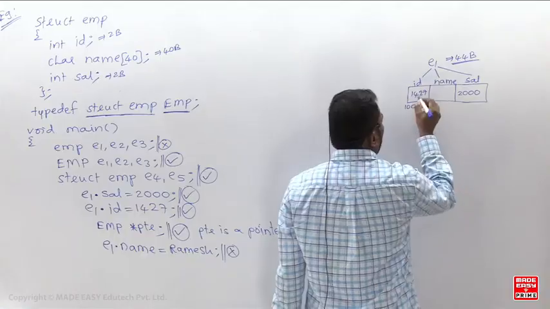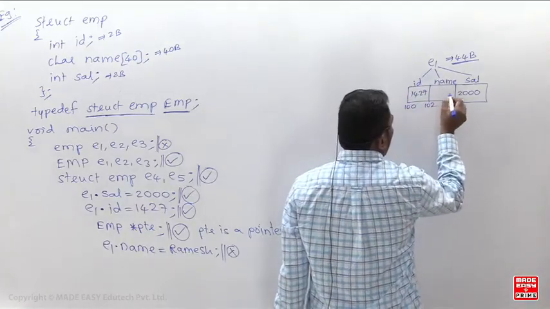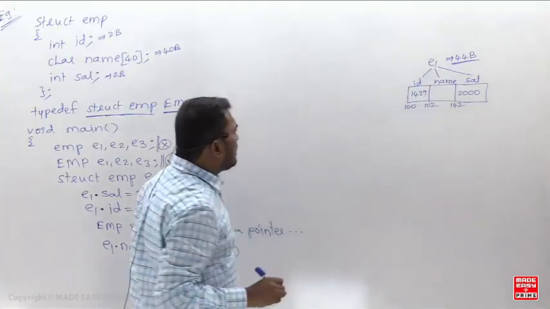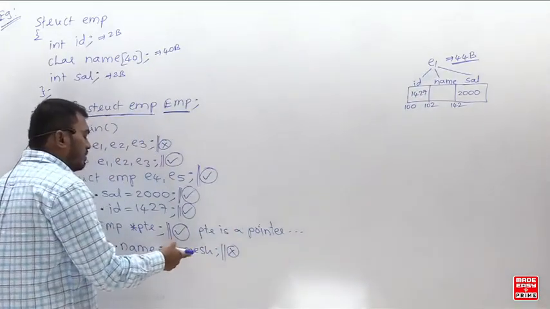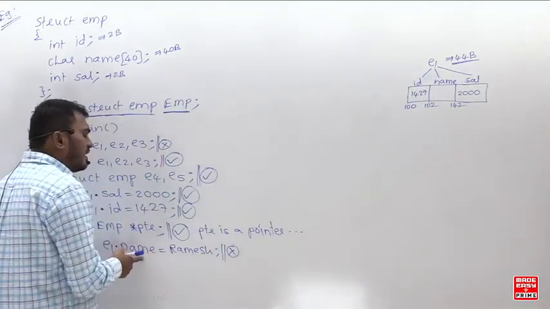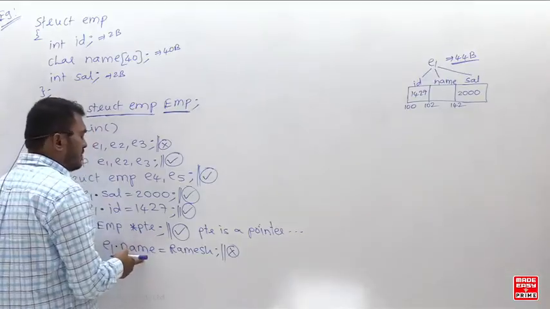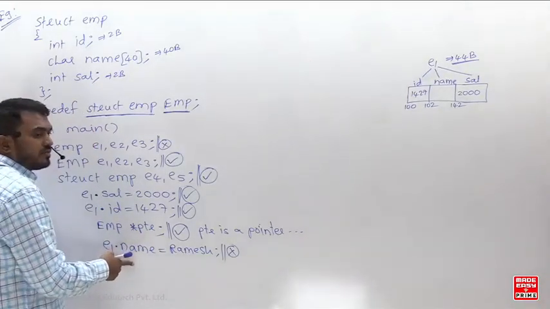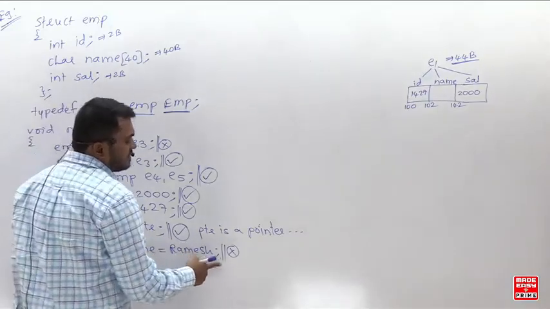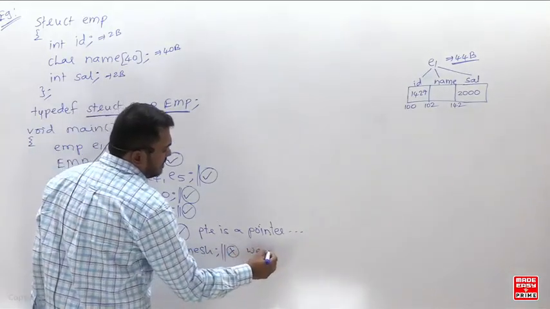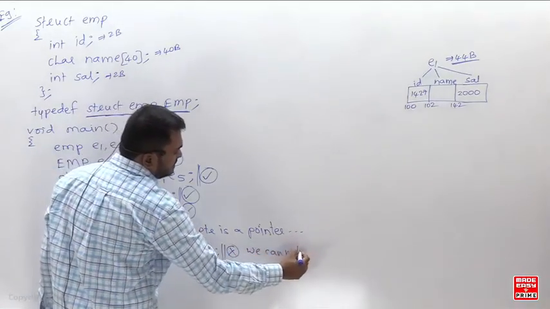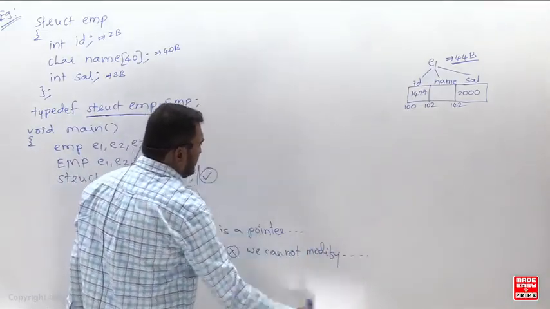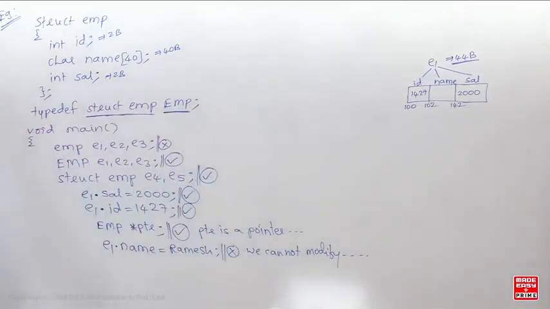So it's something like this. Even dot name: this is 2 bytes, this is 102, and this is 40 bytes, and this is 142. So you have some base address, and you are trying to modify the constant base address, because an array name without subscript will contain a constant base address. You cannot modify it, so that is not allowed.